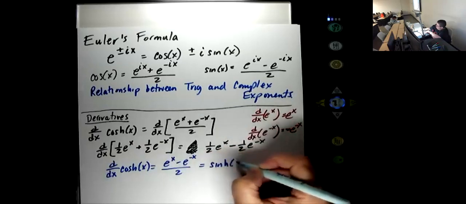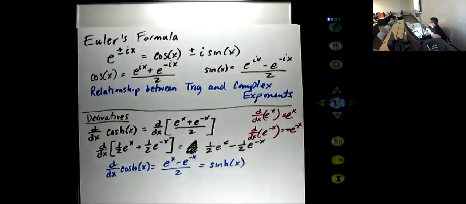That's hyperbolic sine. It's not negative. Derivative of cosine is negative sine. Derivative of hyperbolic cosine is just positive hyperbolic sine. So when you're dealing with the hyperbolics, it follows the trig, but there are some little quirks with negative signs in there.